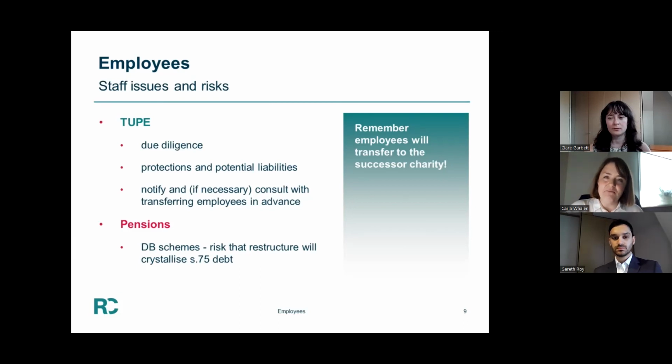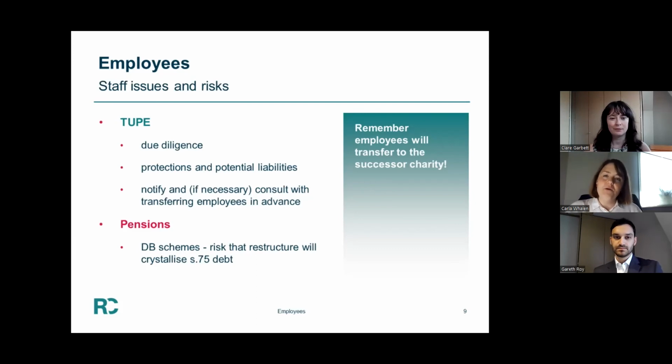The key thing to remember is if you still have a DB, a defined benefit pension scheme, and the restructure, so the incorporation here, is going to mean that your employees are going to come out of that scheme effectively, the risk is that it could crystallize what's called a Section 75 debt. The headline is that can be very costly, and most of the time you would not want to be triggering that. So if you do have defined benefit schemes in particular, really do take some pensions advice before you go ahead and incorporate in a full incorporation.